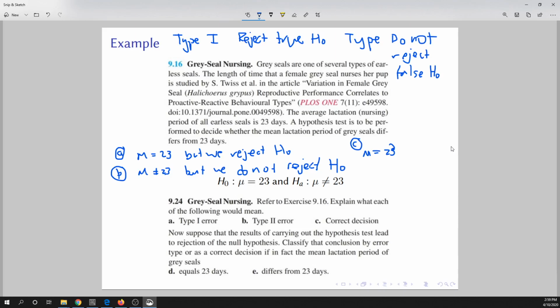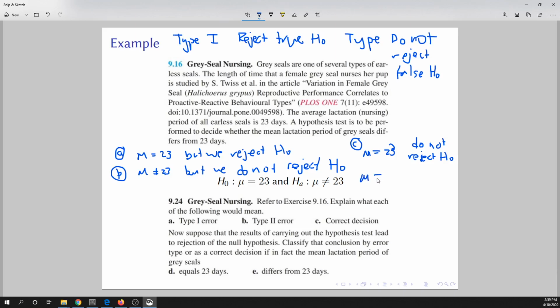It's true, and then we do not reject. We get the truth to the truth, which is what we want. And that is the null hypothesis: the mean is 23.